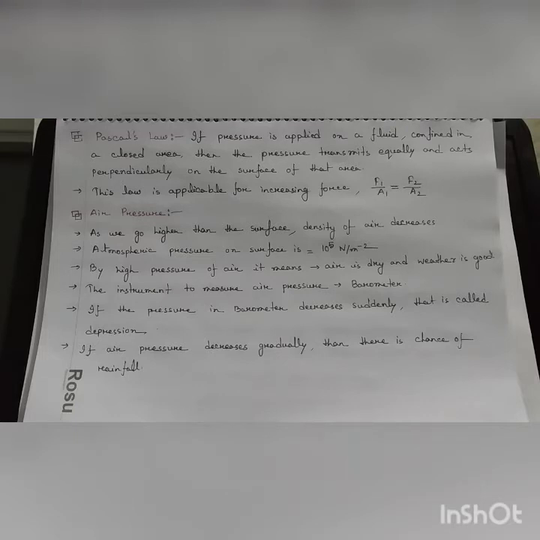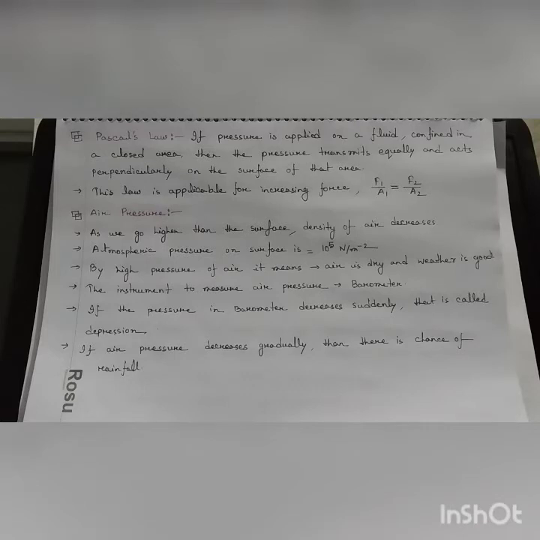Another point about weather forecast is that if the pressure in the barometer decreases suddenly, that is called depression. Changes of air pressure give some information about the weather forecast. And finally, if the air pressure decreases gradually, then there is a chance of rainfall.